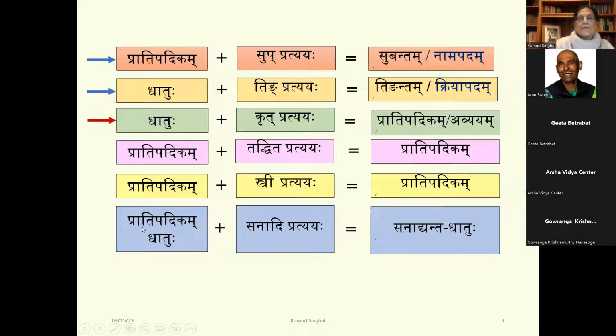And then to a pratipadikam or a dhatu, if you add sanadi suffixes, you get new dhatus. So once you get a new pratipadikam, you could add the sup pratyayas and get the name forms, like in these 3 cases. And to a dhatu, you will add ting pratyayas to get new verb forms.